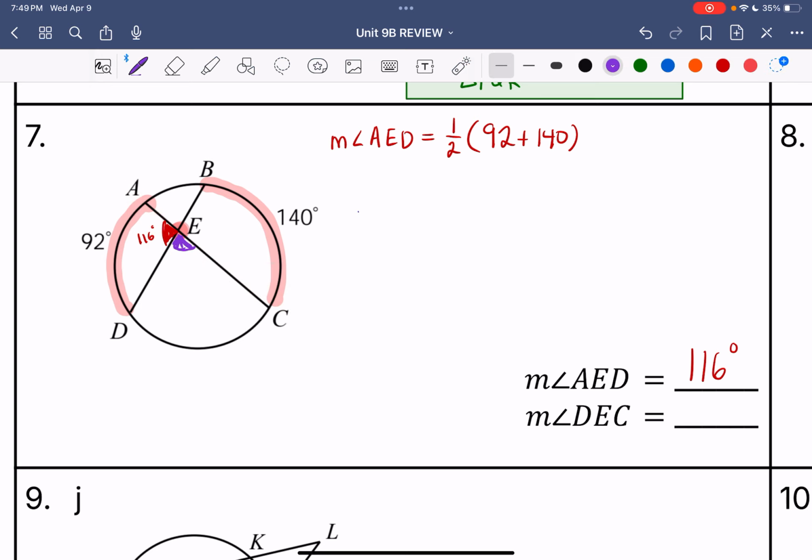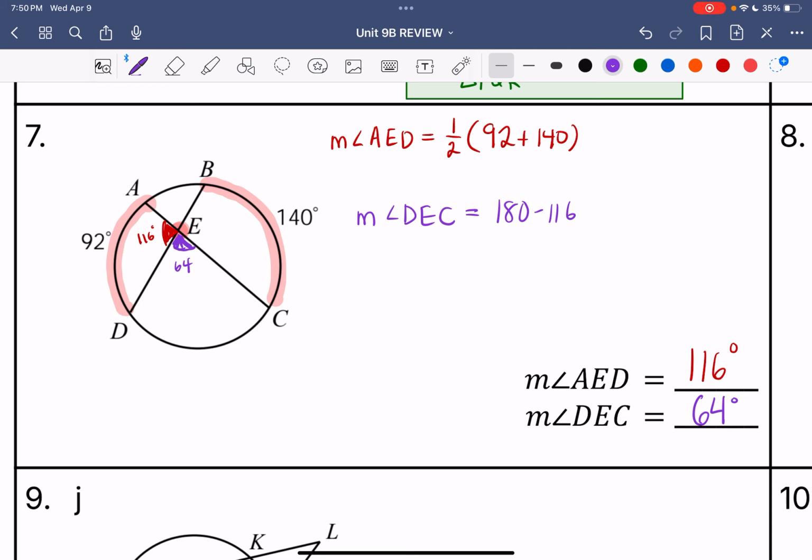So in order to find the measure of angle DEC, it's just going to be 180 minus 116, which gets me 64. Okay, and that is it for that one.